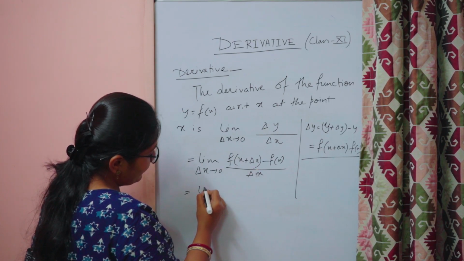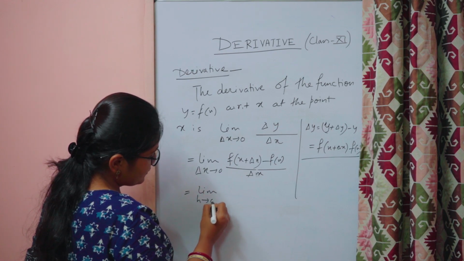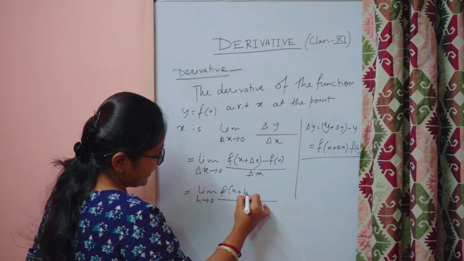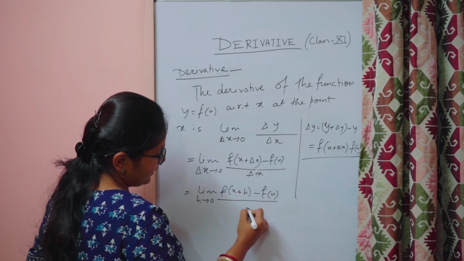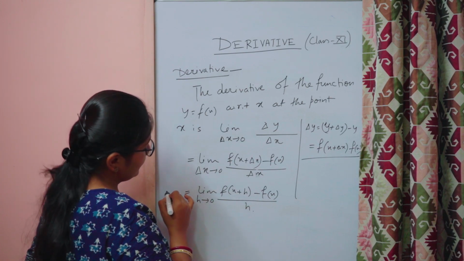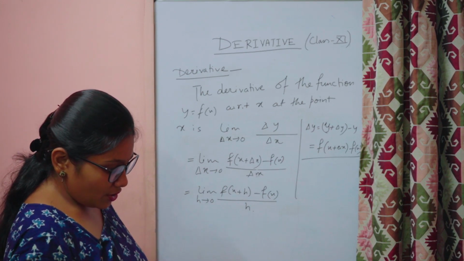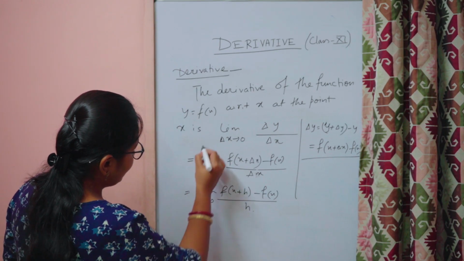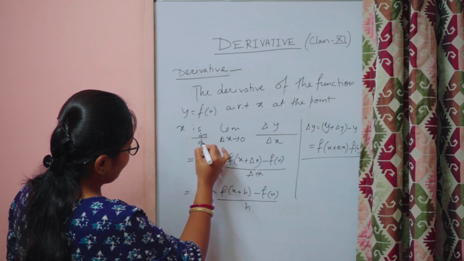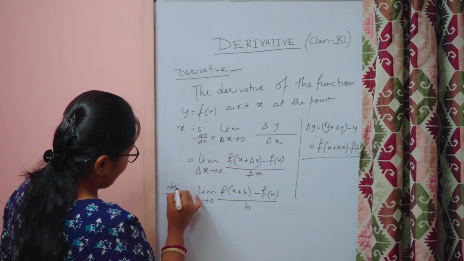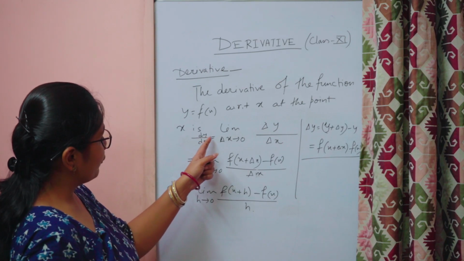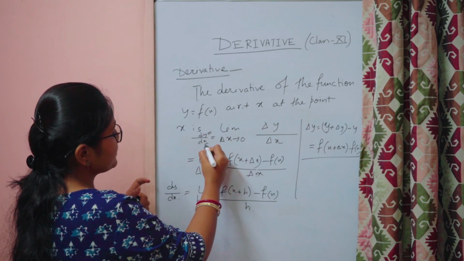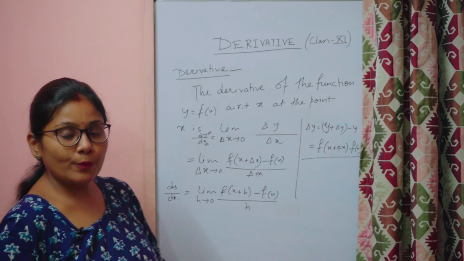Now this del x will be replaced by h. So h tends to 0, f of x plus h minus f(x) by h. So this is the principal definition of derivative, and it will be written as dy/dx, which means the change of the variable y with respect to the independent variable x.